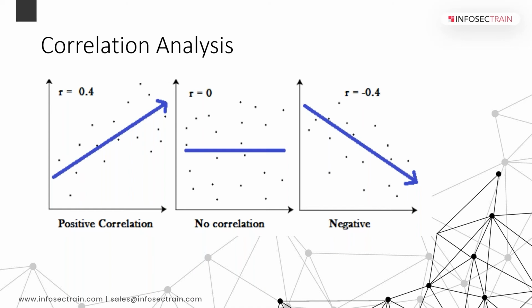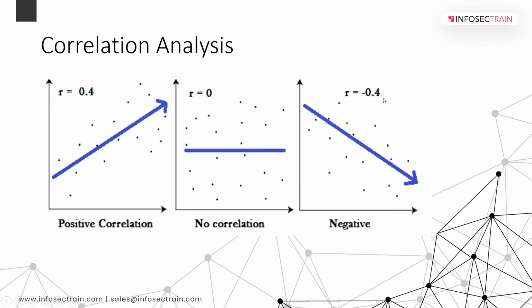If the correlation coefficient of X and Y is between -1 and 0, 0 excluded, then this is a negative correlation, meaning the minus sign represents a negative correlation.